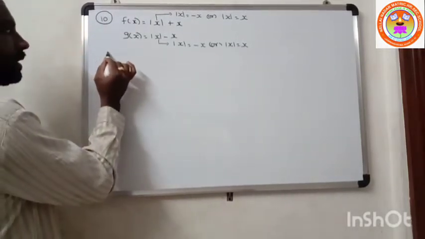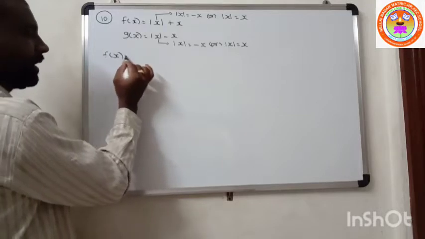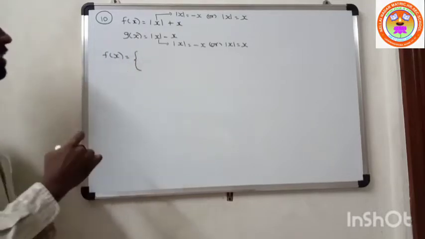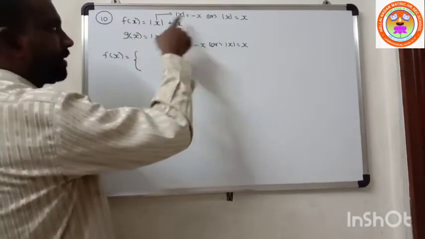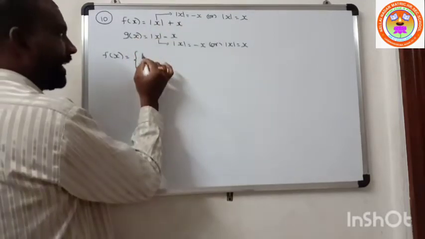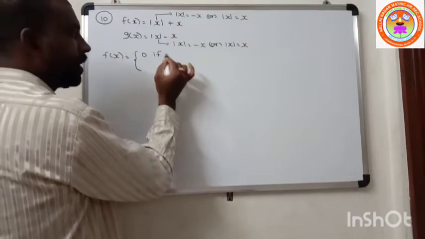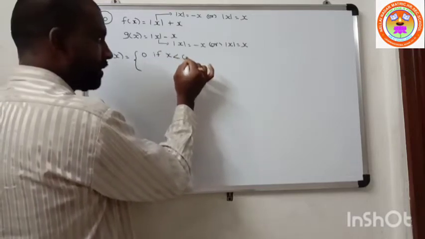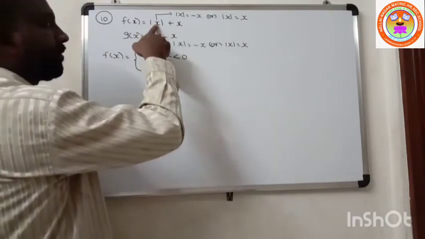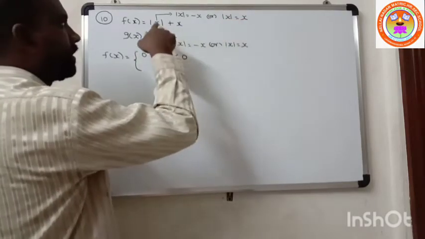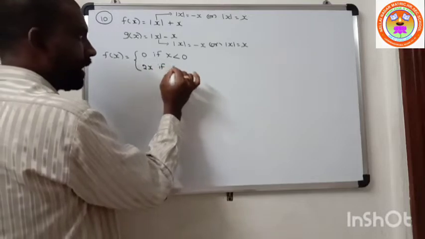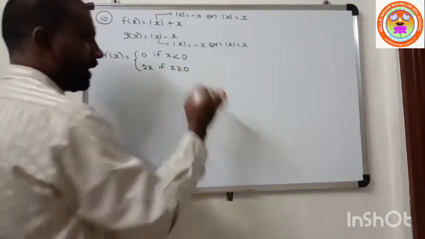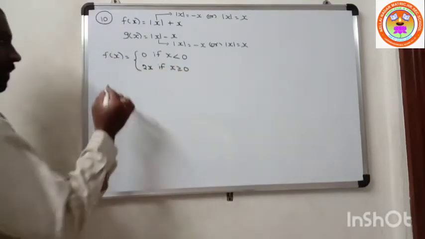So f(x) equal to: first, modulus of x replaced by minus x, plus x, that is 0 if x is less than 0. Modulus of x replaced by x, plus x, that is 2x if x is greater than or equal to 0.